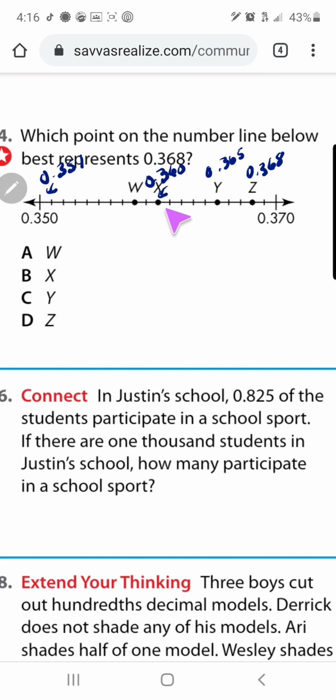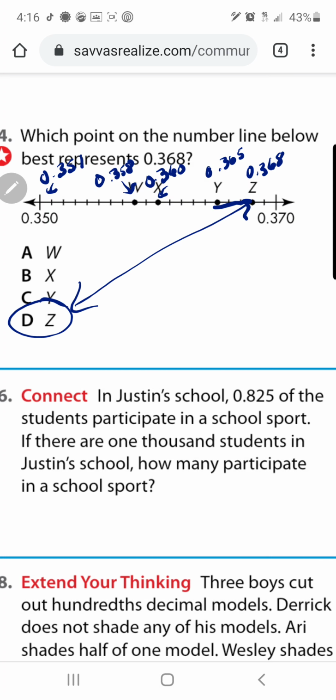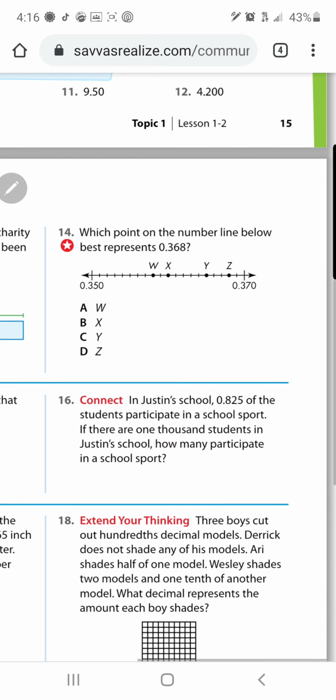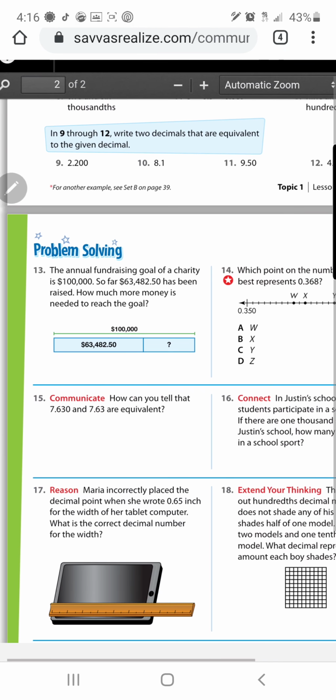And then the value for Y would be, well, you would move 2 backwards, and that value for Y would be 358 thousandths. So again, which one represents 368 thousandths? That would be letter Z. All right. Okay, let me go ahead and erase that. Let's move on to number 15 on this other side.